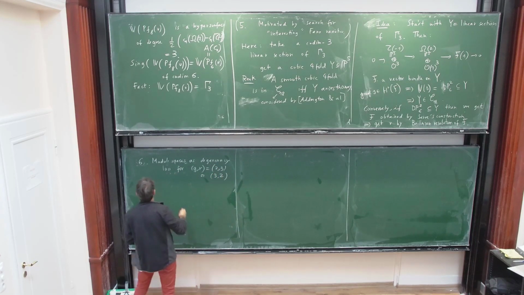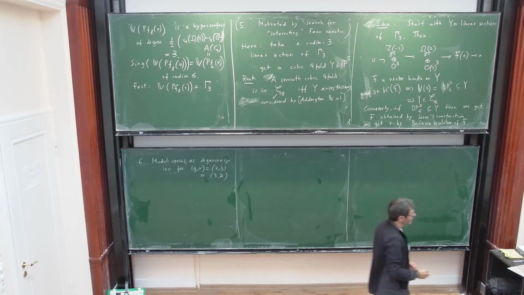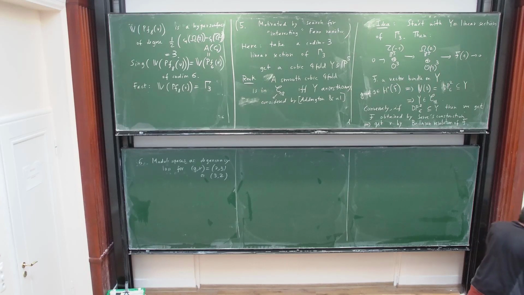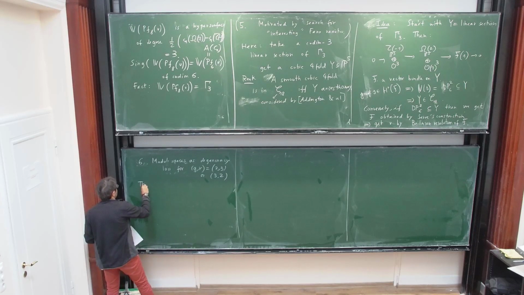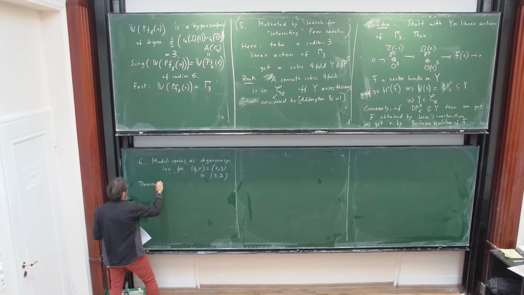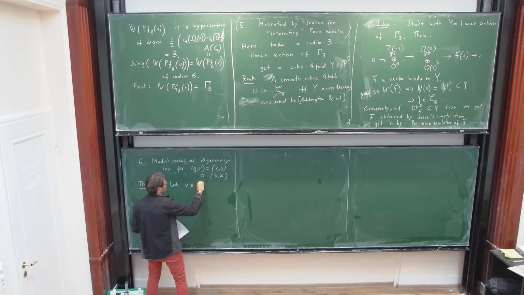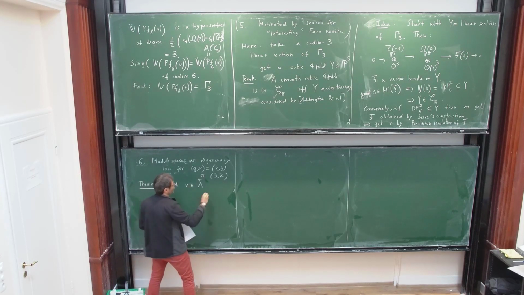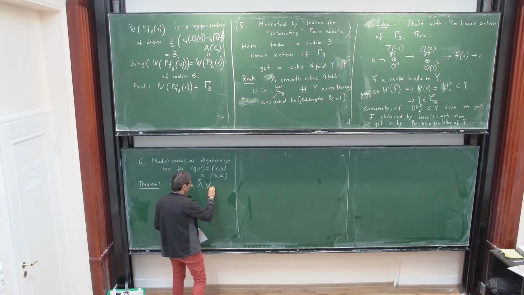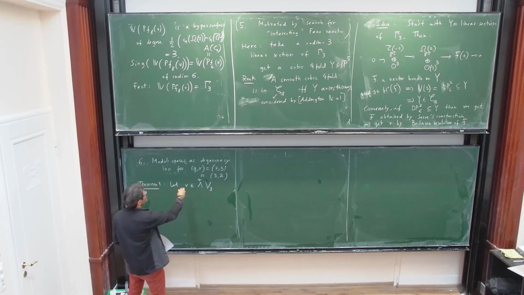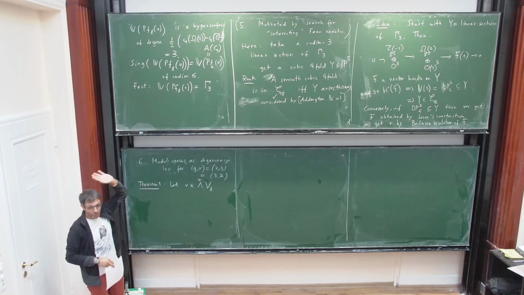But this time we'll be on the odd moduli spaces, not on the even ones. So I start this time with an element in wedge 4 of V8. This datum, by the way, is the same datum that allows us to construct gamma 4.